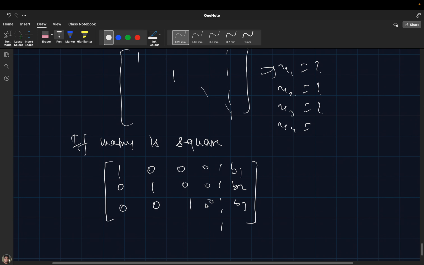Then you can see that the number of variables is not equal to the leading variables. There will always be a free variable, which means that you will not have any kind of unique solution.